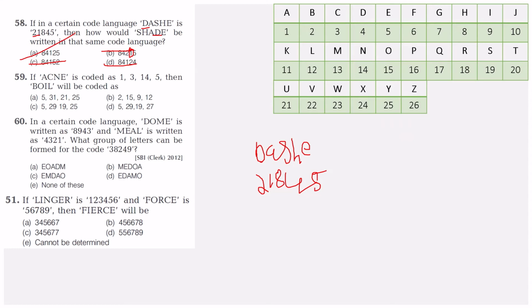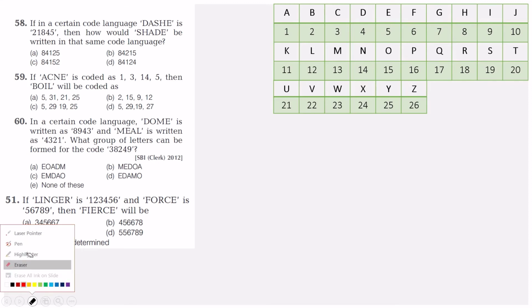Sorry, it's option A. Okay. You can go for the next question if you want. Yeah. Okay, one second. I'll just reveal the option again. So it's option A. Now, if acne is coded as 1 3 14 5, then boil will be coded as.